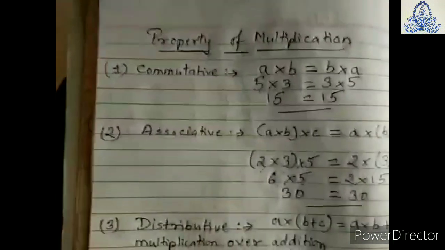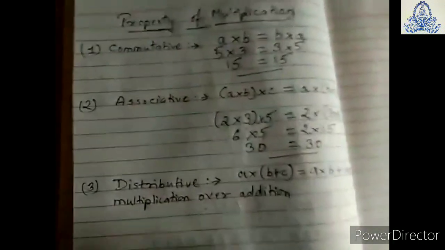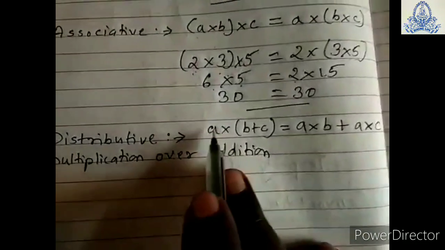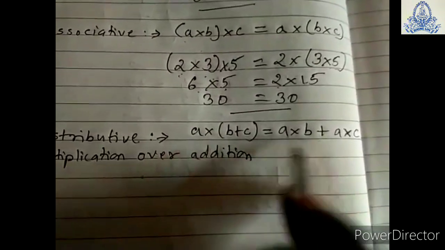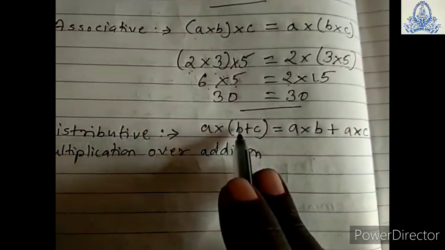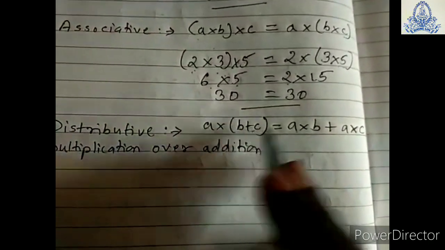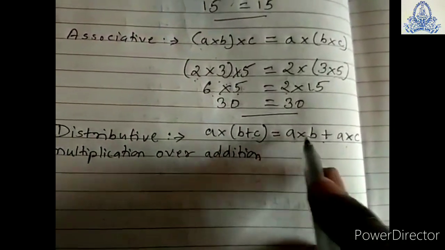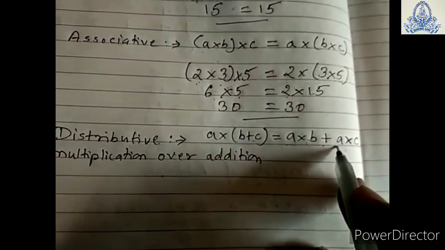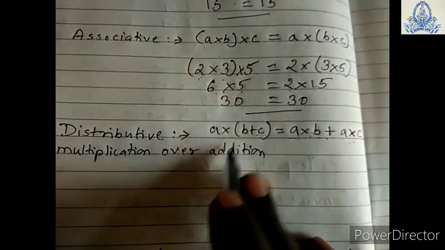Now the third property of multiplication is the distributive property of multiplication over addition. So the distributive property of multiplication over addition is, suppose, A multiplied by bracket B plus C. As we distribute on the right hand side, we multiply A first with B, that is A into B, then we put an addition sign, and then A multiplied by C. If we add the answers of A into B and A multiplied by C, we get the same answer as on the left hand side.